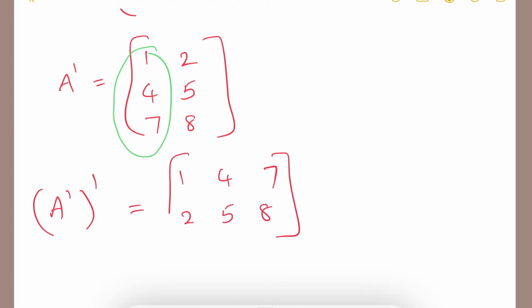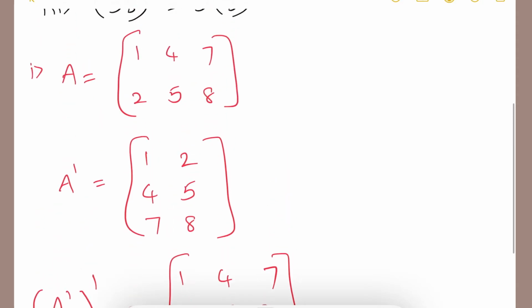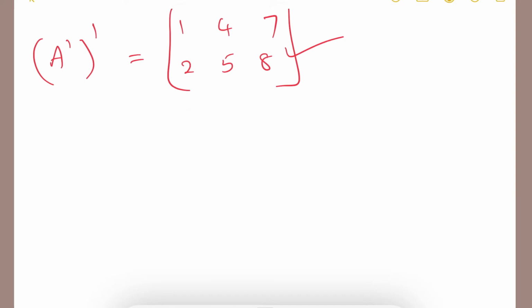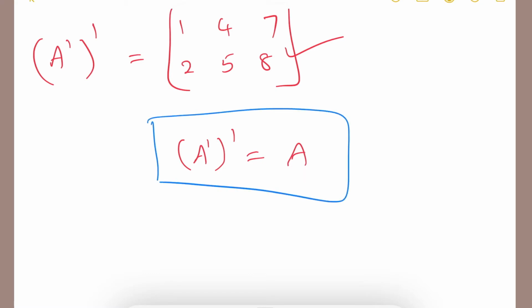So (A transpose) whole transpose is equal to [1 4 7; 2 5 8]. Now let us check this answer with the matrix A. Matrix A is [1 4 7; 2 5 8], and (A transpose) whole transpose is also [1 4 7; 2 5 8] only. So we can say (A transpose) whole transpose is nothing but A.